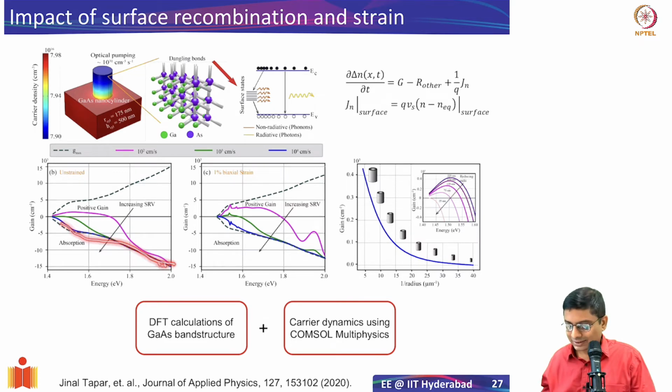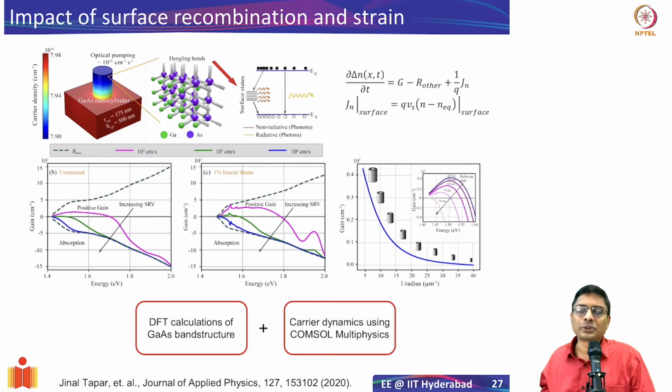In the case with strain, the situation is slightly better. In the first case, the gain is low but positive at low surface recombination, and at high surface recombination it is effectively loss. But with strain, shown in the second picture, the gain is reasonably larger over a broad range of wavelengths.